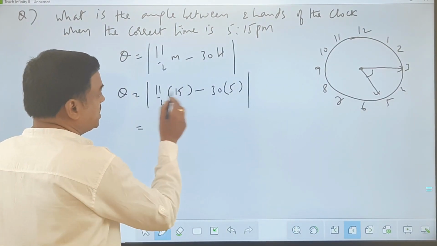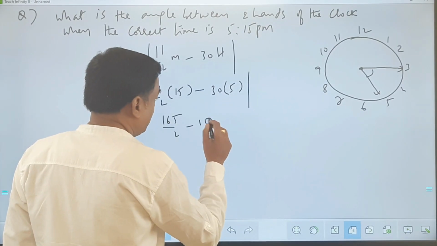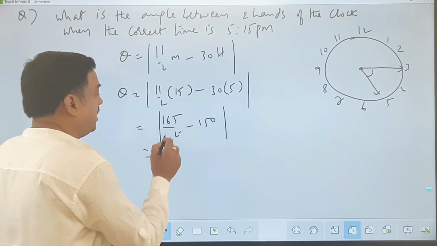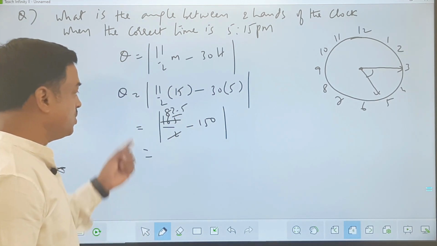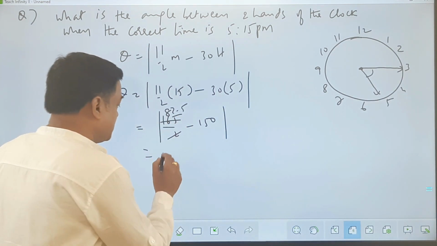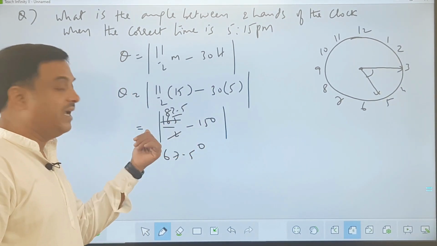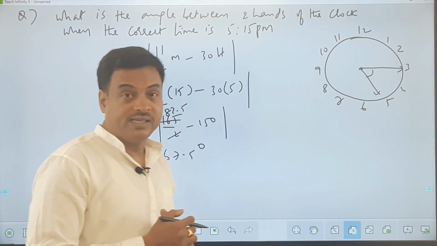So here this will be 165 upon 2 minus 150. As the modulus, we need to always get a positive value. If I divide by 2, this will be 82.5. So 150 minus 82.5, the answer has to be 67.5 as a positive value.